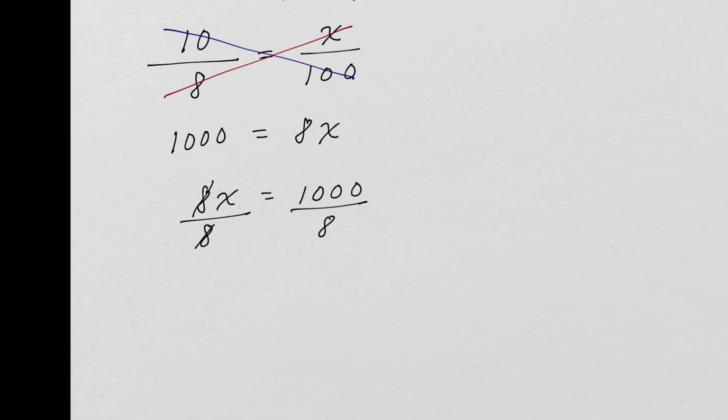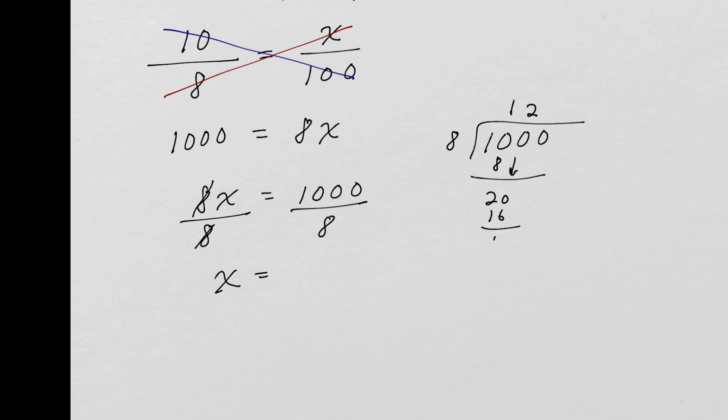So this cancels, and the x here is equal to, if I divide this out, this is 1, right? Subtract, bring down the 0, 8 into 20 is twice. It'll be 16. Subtract, bring down this 0. 8 into 40 is 5 times. So this is 125.